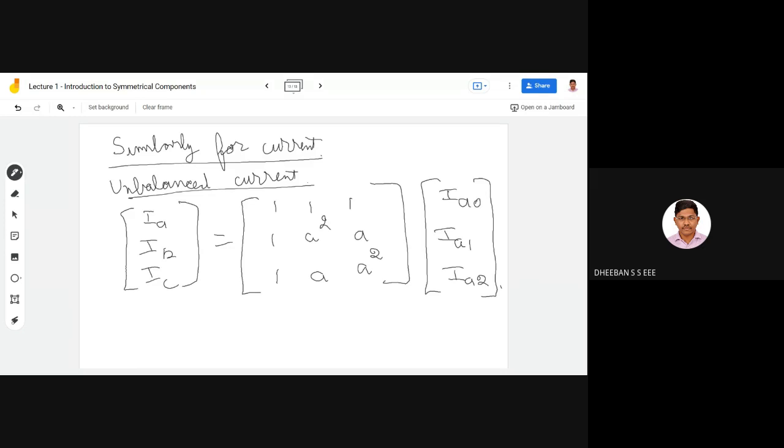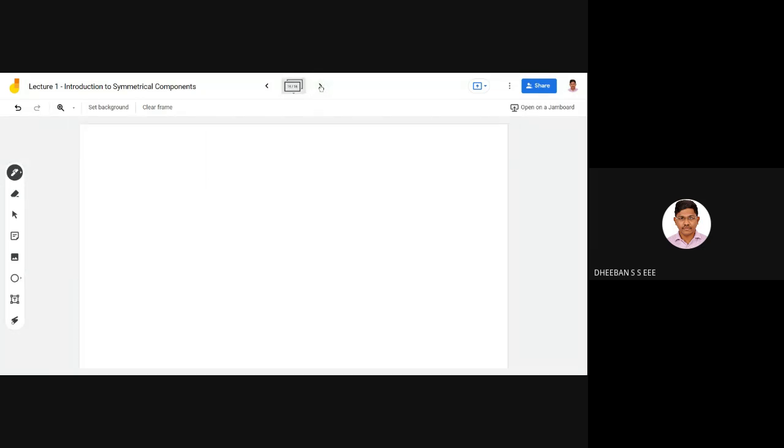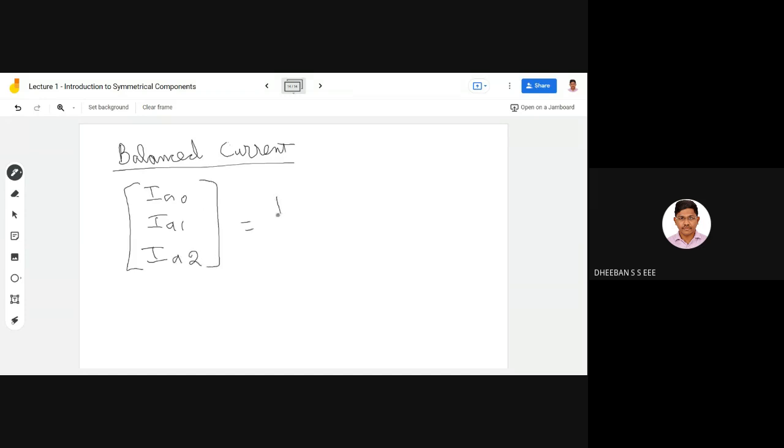And for the balanced current, we'll be getting IA0, IA1, IA2 equal to the same thing, 1 by 3 into 1 1 1, 1 a a square, 1 a square a, into IA, IB, IC.